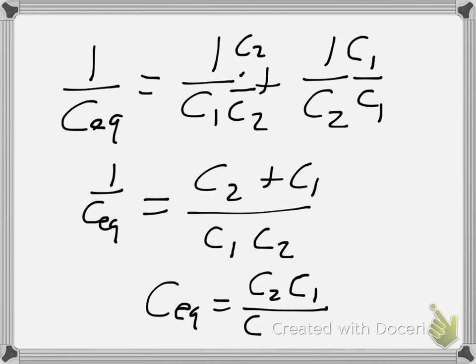So we'll have C1 times C2 over C1 plus C2. All right? And if we have more than one, so let's, or I'm sorry, more than two.